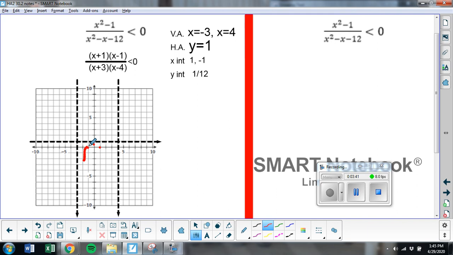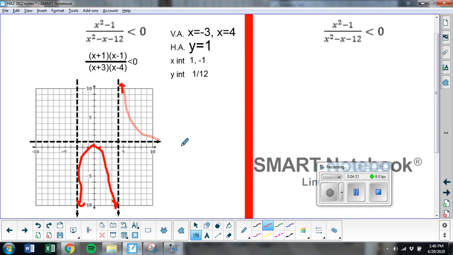You know that it's not going to touch the x-axis, but it could come down and go above, or it could come down and go slightly below.